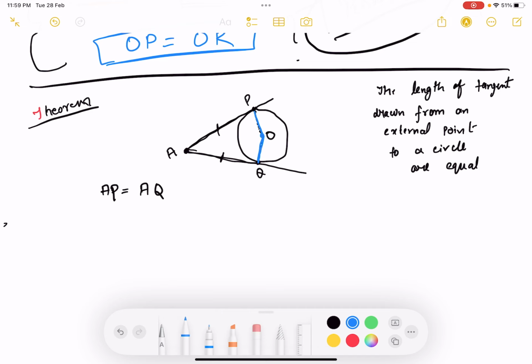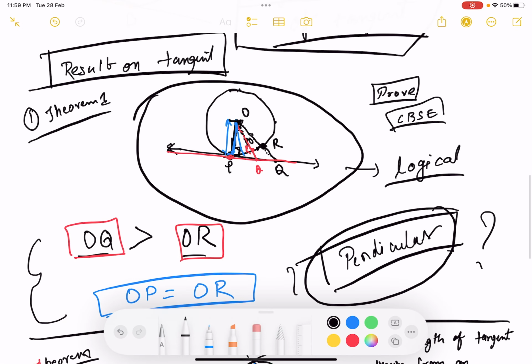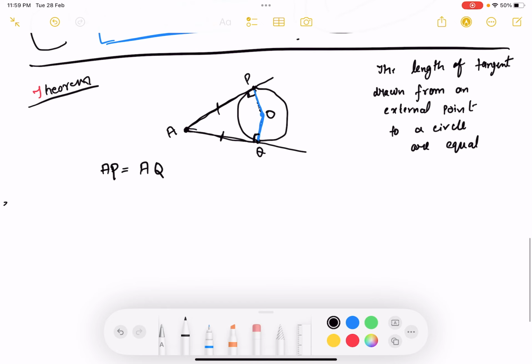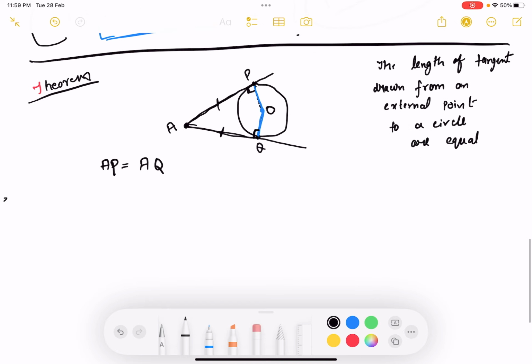So from theorem 1, this is perpendicular. At the point of contact it's perpendicular. Theorem 1, which I have already explained, says that this angle is 90 degrees. So again this will be 90. Both angles, angle P and angle Q, will be 90 degrees. And another construction which we will be doing is joining AO.